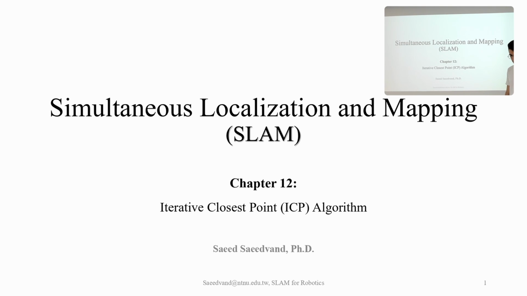As the second part of class, we are continuing with the algorithms that we can use in visual SLAM and visual information of the environment, and how it can be used. One of the techniques that we have and very famous in visual construction of the map is Iterative Closest Point, known as ICP.